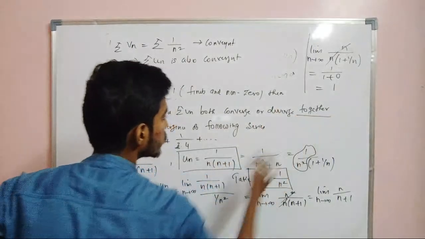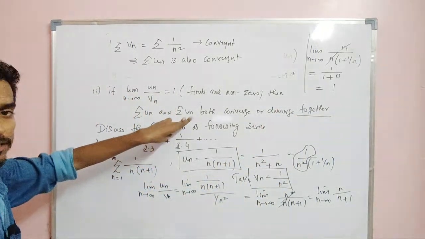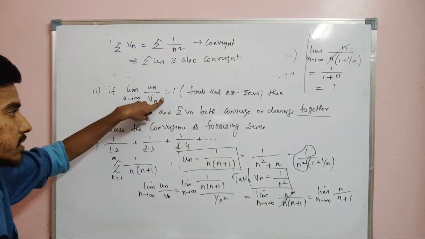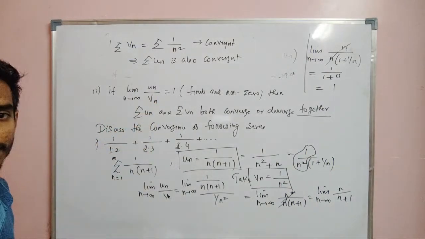This is very important. This word is very important. If summation Vn is convergent, Un is also convergent, because if this condition is satisfied, both converge or diverge together.